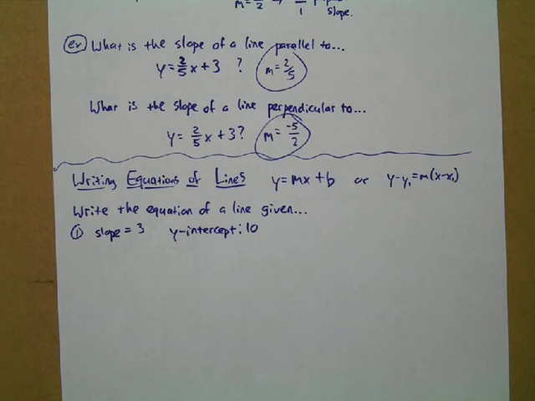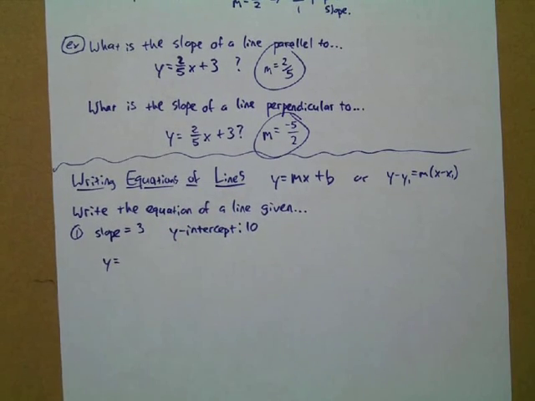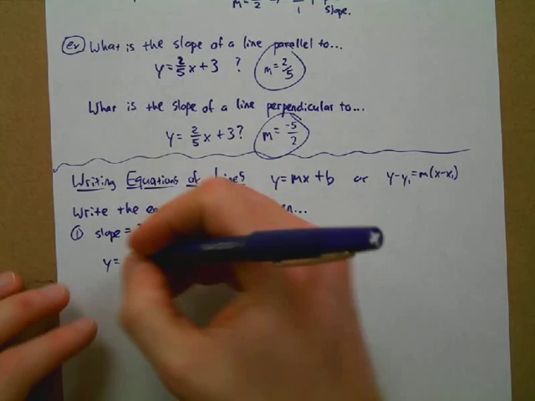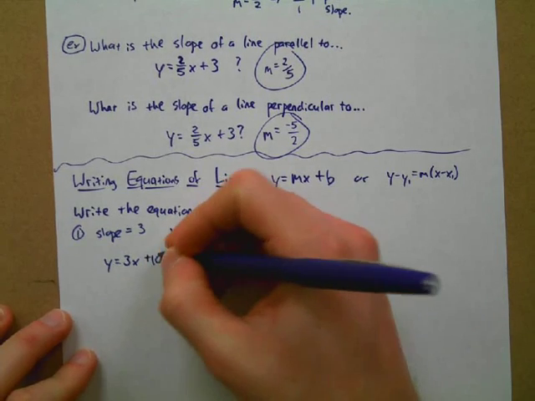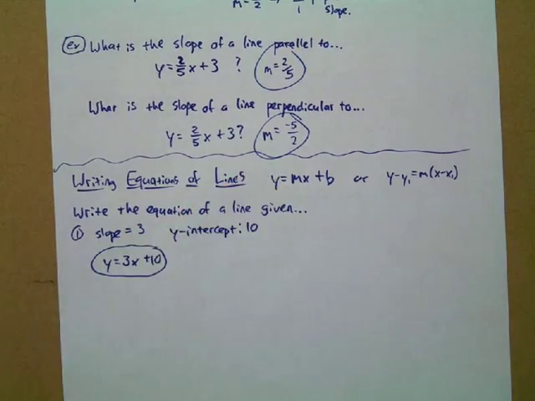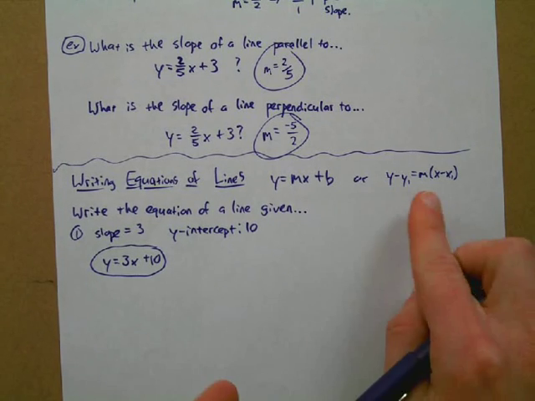Alternatively here, we could actually use point-slope form. I'll just show you that real quick. In order to do that, we're going to change that y-intercept of 10 to the actual coordinate. It'll be the coordinate 0, 10. And so to use point-slope form, it'll be y minus, and that y1 is a y-coordinate. So the y-coordinate here is 10. So it's y minus 10 equals m, which is still the same slope, 3, times x minus, and the x-coordinate there is 0.